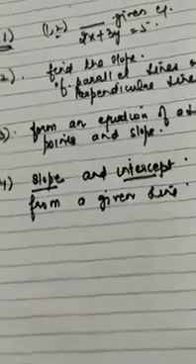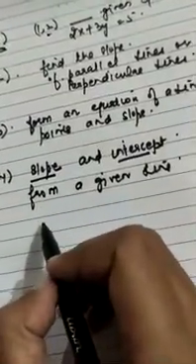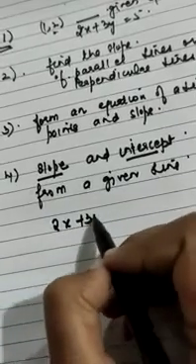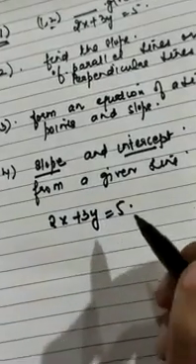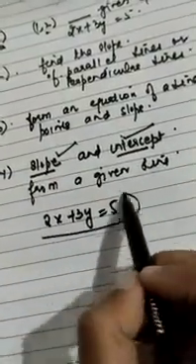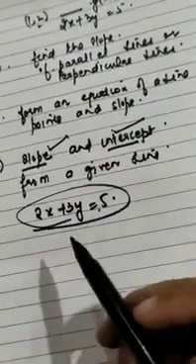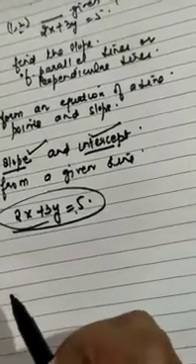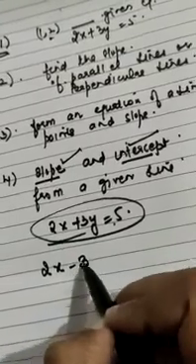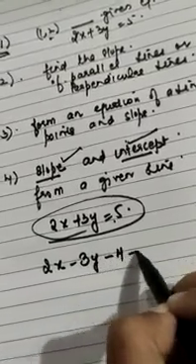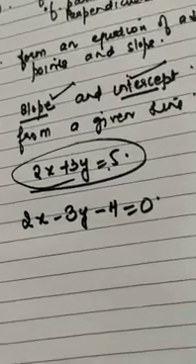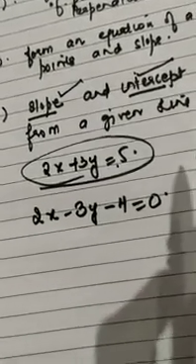We will be given an equation in the form of, like, 2x plus 3y is equal to 5, and you have to find the slope and intercept by using this equation, right? Look, suppose you are given one equation: 2x minus 3y minus 4 equals 0. 2x minus 3y minus 4 is equal to 0.